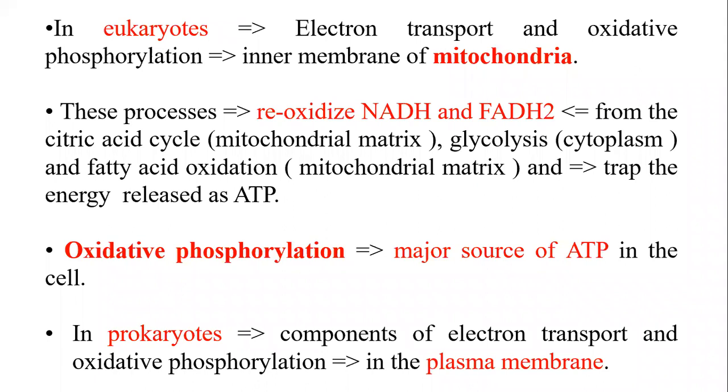In oxidative phosphorylation, major source of ATP is synthesized in the cell. In prokaryotes, components of electron transport and oxidative phosphorylation take place in the plasma membrane.